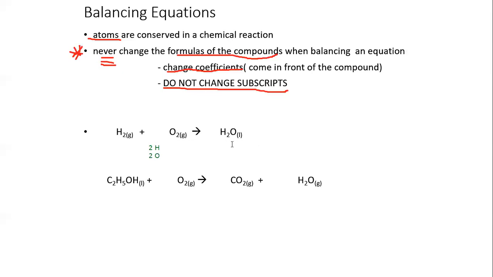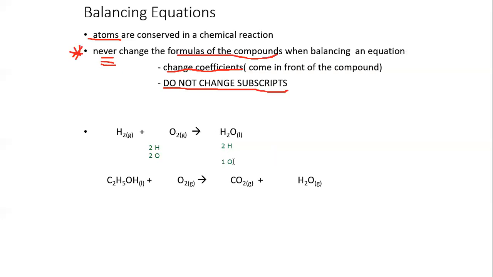On the product side, we have 2 hydrogen and 1 oxygen. So sometimes just by looking at the number of each type of atom you have on both sides of the equation, you can kind of determine what to start with balancing. So since the hydrogen is balanced, the oxygen is not, the first step would be to balance the oxygen. So we have 2 oxygen on one side, we have 1 oxygen on the other side.